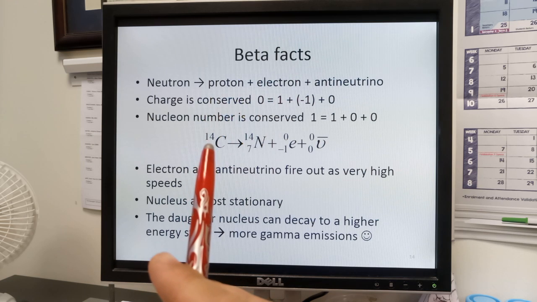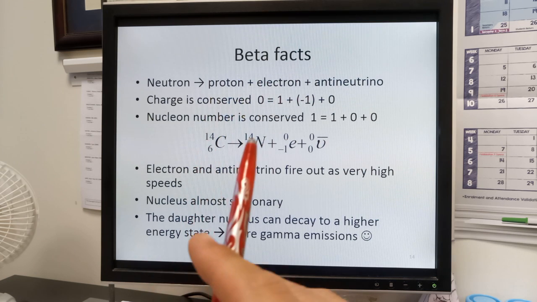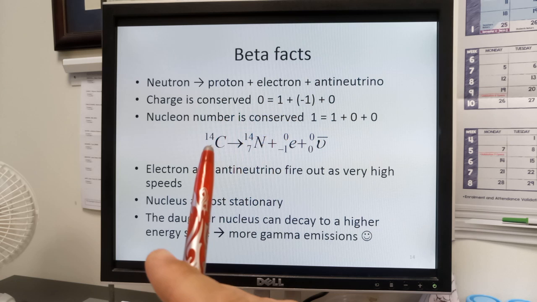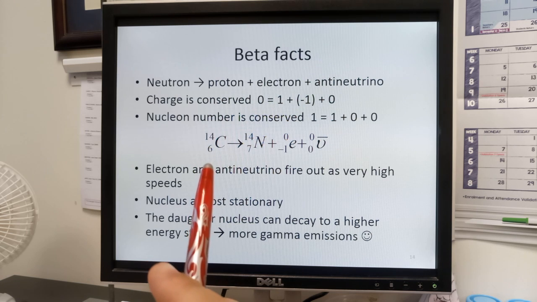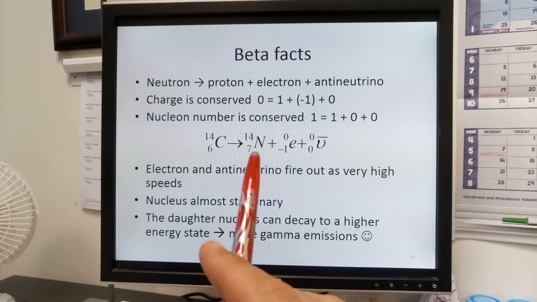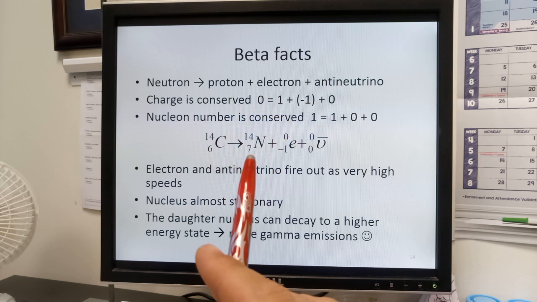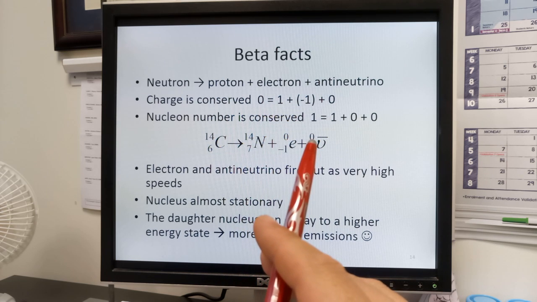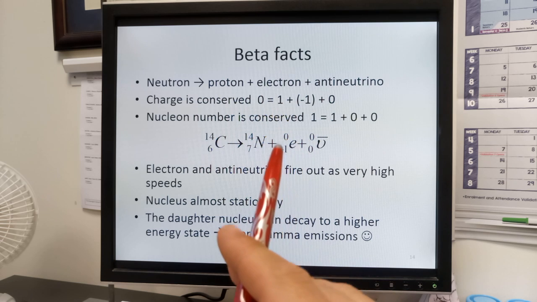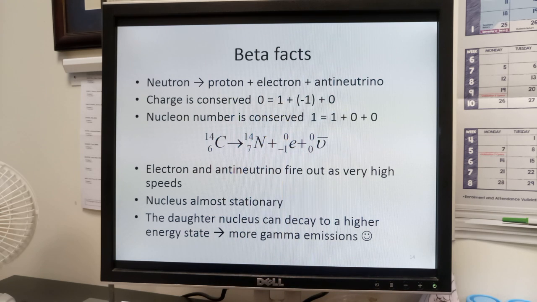So here we've got carbon-14, you've got a mass number of 14 there. Carbon has 6 protons, and 14 for the nitrogen, 7 protons there, but the mass number is still maintained. And for the purposes of this equation, your antineutrino and your electron have no mass.